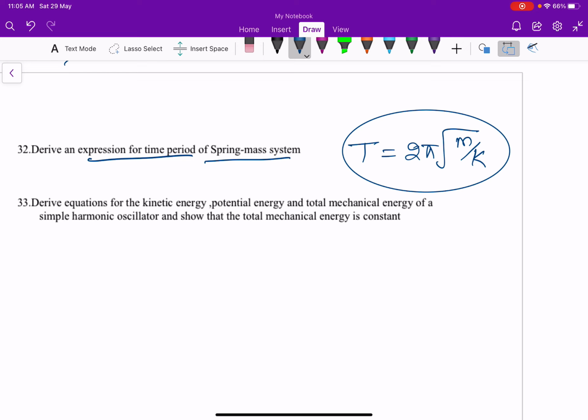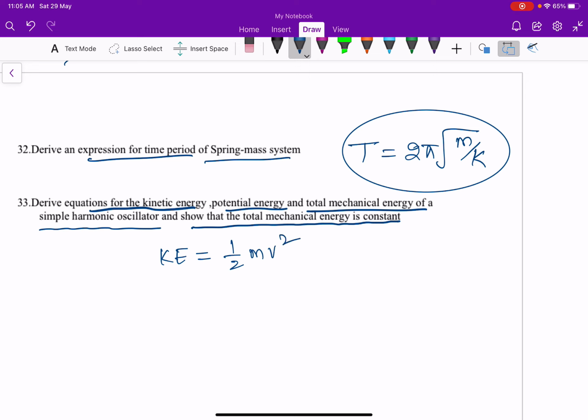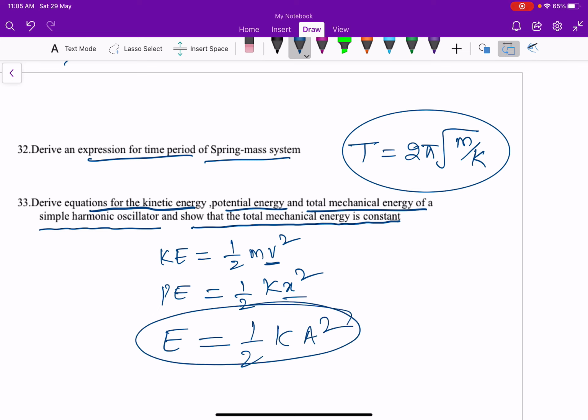Next, derive equations for kinetic energy, potential energy and total mechanical energy of a simple harmonic oscillator and show that the total energy is constant. Kinetic energy expression is half m v square and potential energy is half k x square, and total mechanical energy we got by substituting v value and x value and simplifying, so that you will get total energy is equal to half k a square.